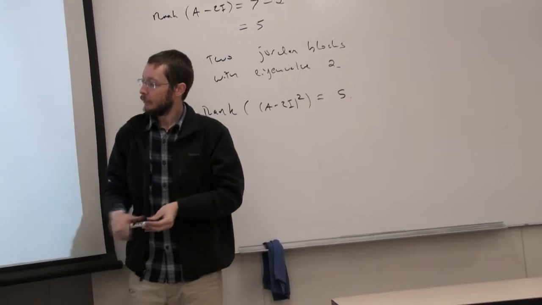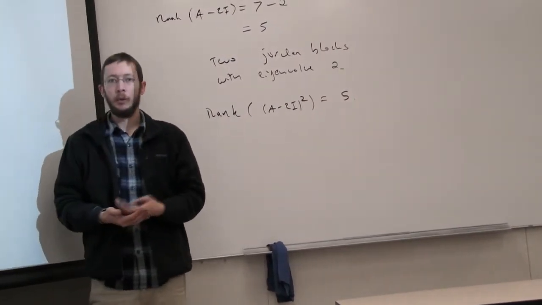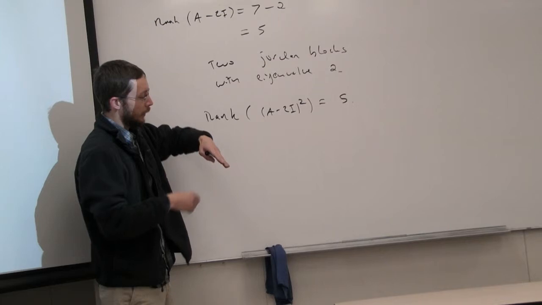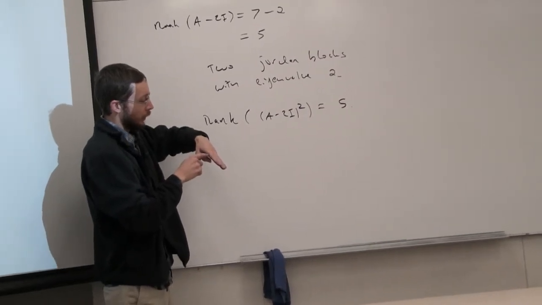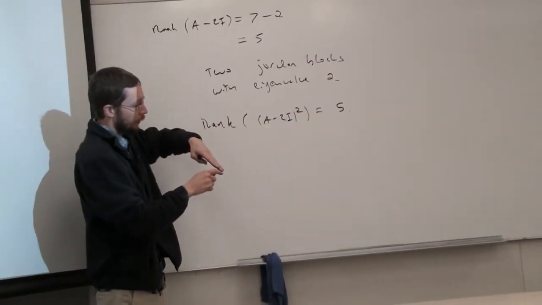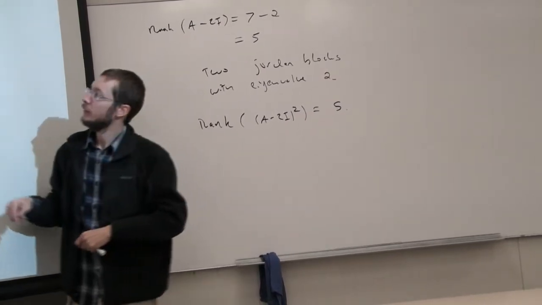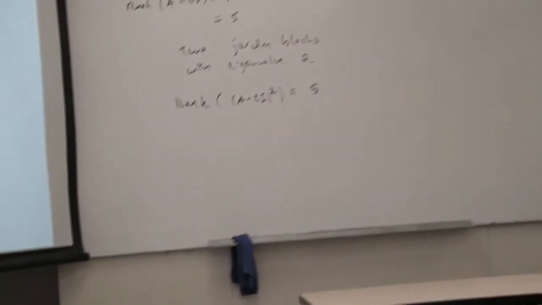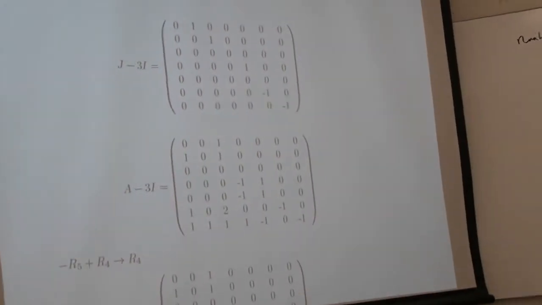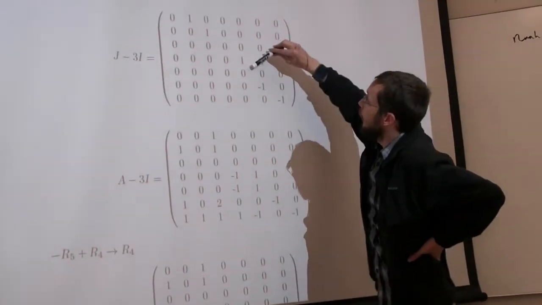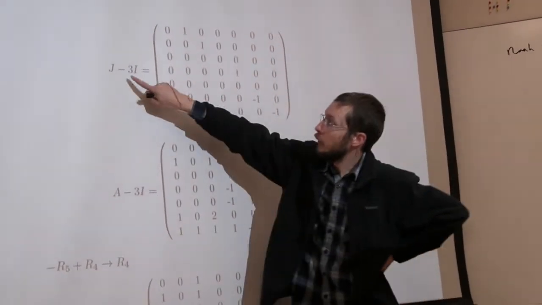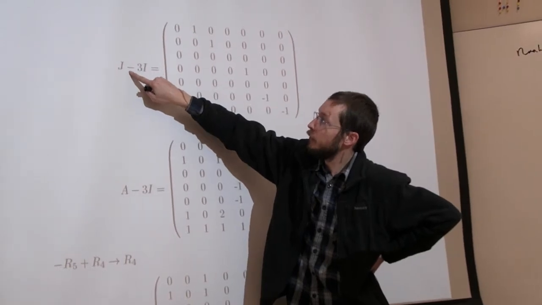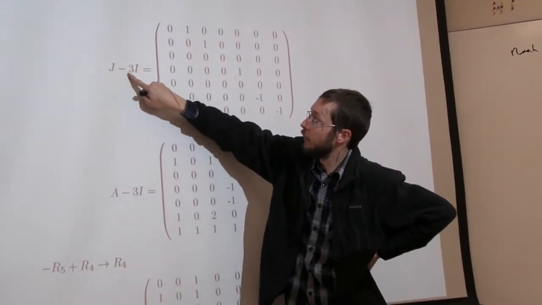And what that says is that the size of those Jordan blocks had to be 1, because the diagonals of 1s that appear above the eigenvalues, those are the things that determine how much the rank is going to drop when you take powers of this thing.